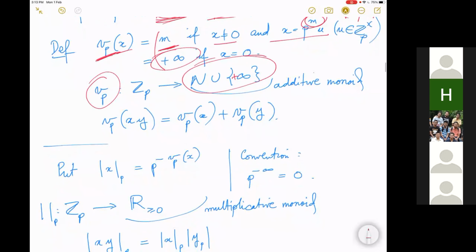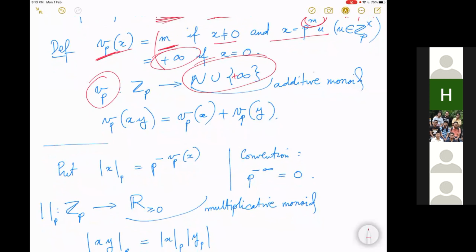Okay, and N union plus infinity is not just a set, but it's an additive monoid, meaning you can add any two elements of this set. So for example, m plus infinity is equal to plus infinity for all m in N union plus infinity. So that's how you add elements of this union.